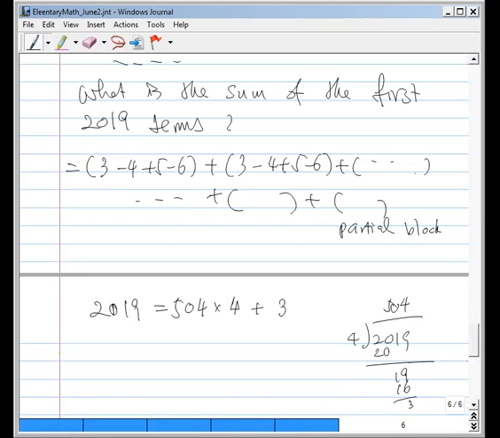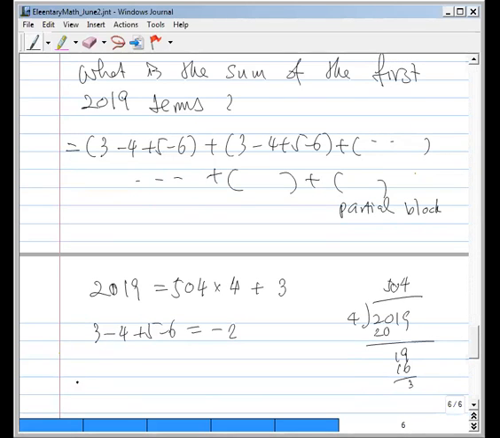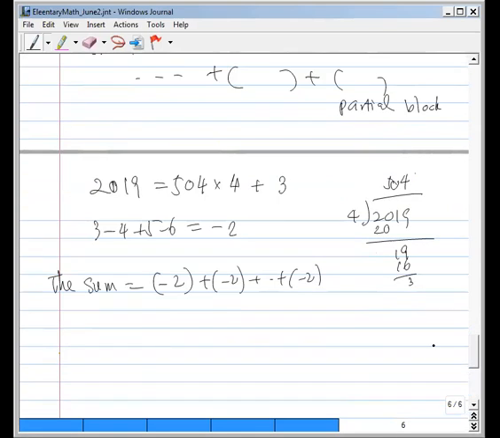So now, can you figure it out? The sum of the numbers in each block is going to be -2, right? So how many blocks are there? Each time you get a -2. So the sum is -2 plus -2 plus -2, and how many are there? 504.